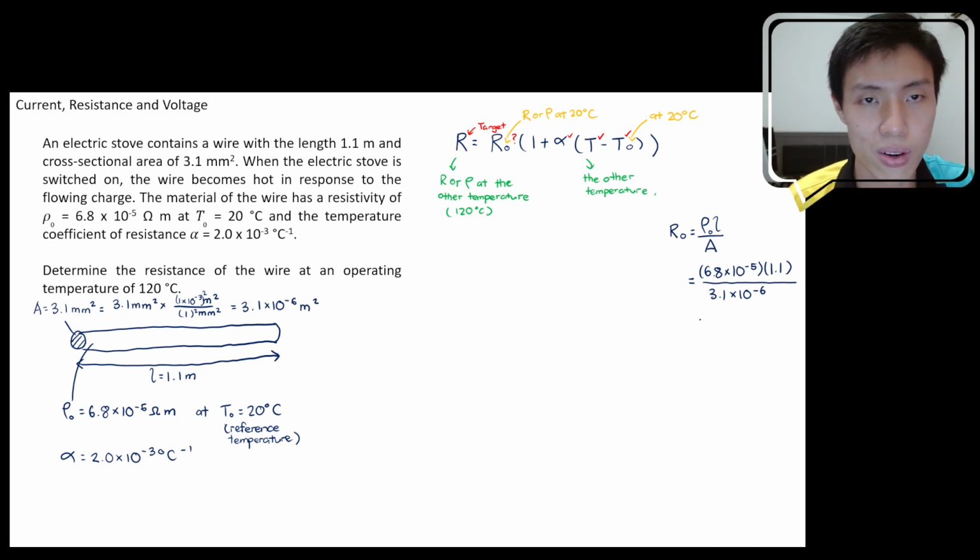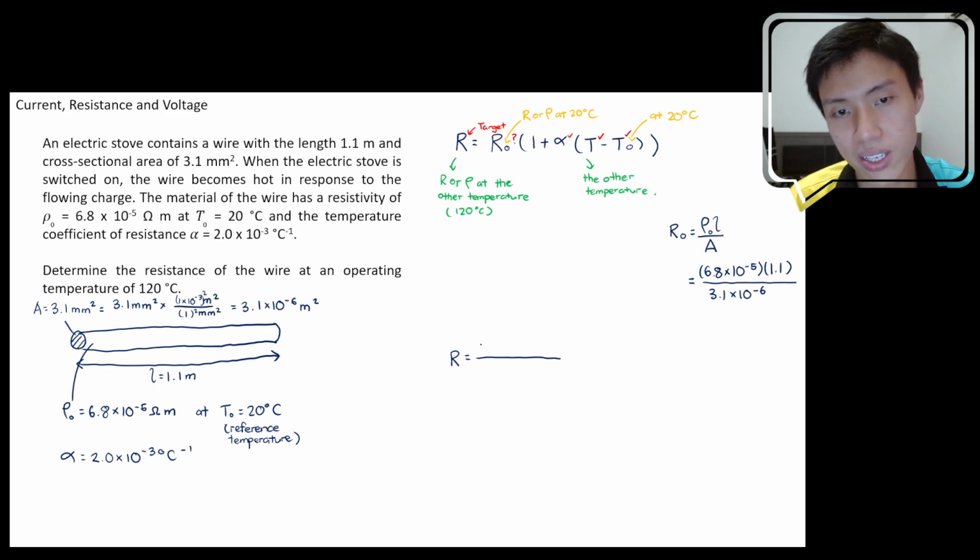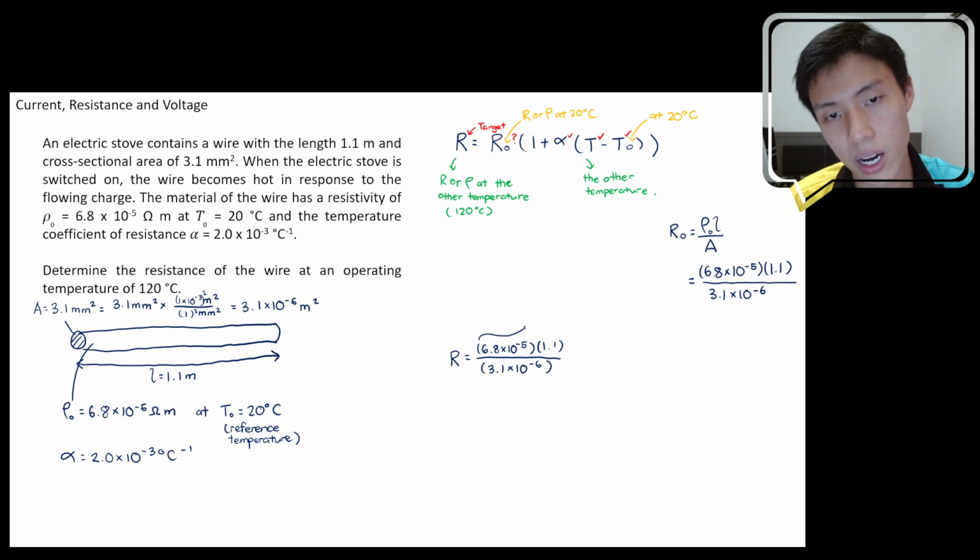Actually, I didn't really calculate it, sorry, my bad. What I do is substitute this value right inside here, because I'm going to replace R naught. So I'm going to directly substitute it here: 1.1 over 3.1 times 10 to the power negative 6, times the rho. So this whole thing here will be R naught.